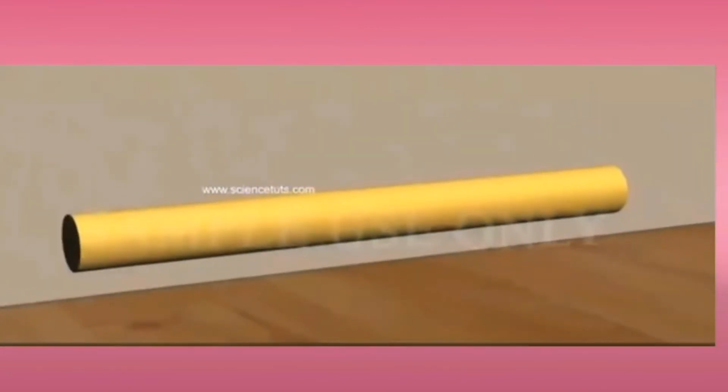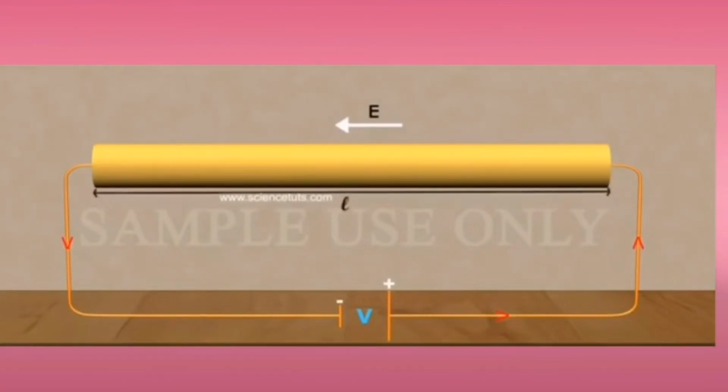Since the average velocity at any instant is 0, it means that there is no net transport of electric charge in any direction. Hence, there is no electric current.